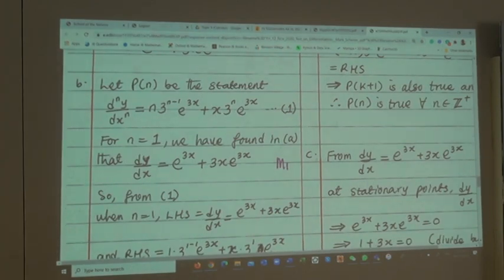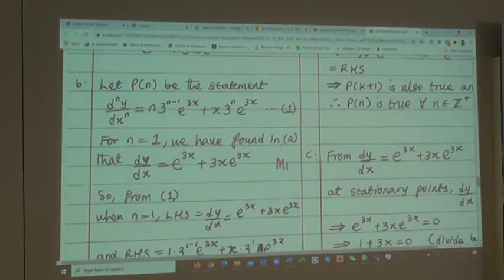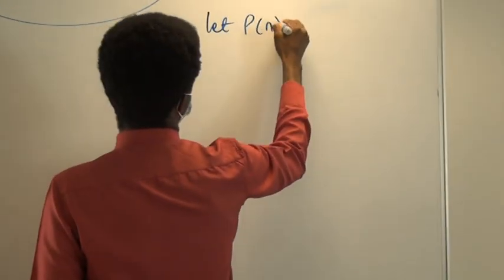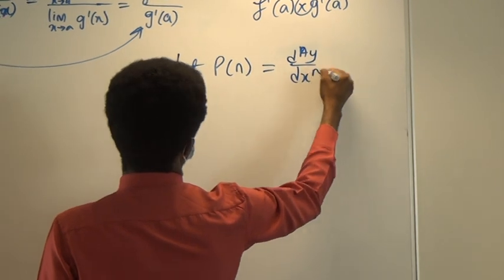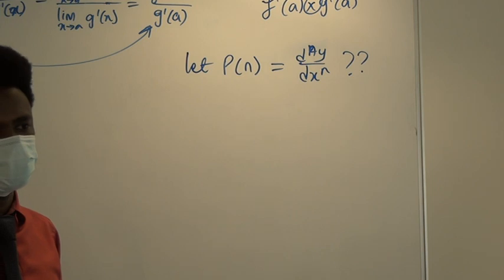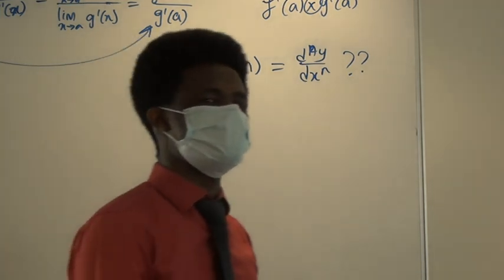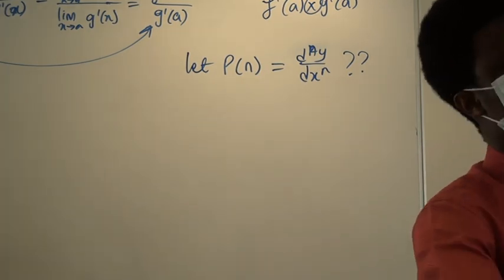The statement is not this alone. I saw someone wrote, let Pn equals d^n y over dx^n. No. That's not Pn. Pn is the statement that the nth derivative is equal to this.